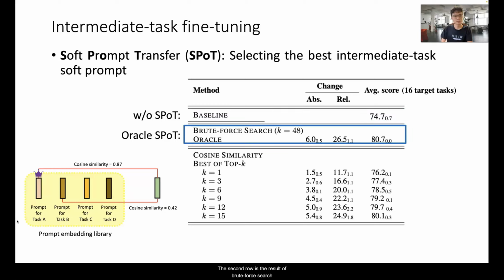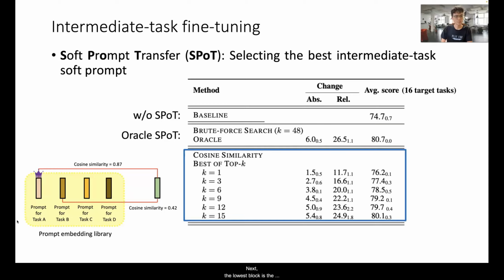The second row is the result of brute force search over 48 possible intermediate tasks, and selecting the best result for each of the 16 different target tasks. The number here is the absolute transfer gain and the relative transfer gain, and the small number is the standard deviation.